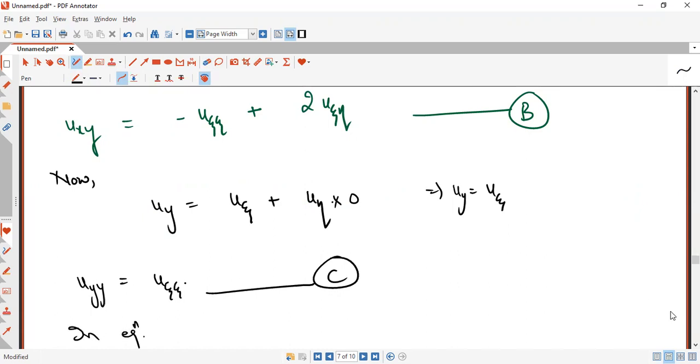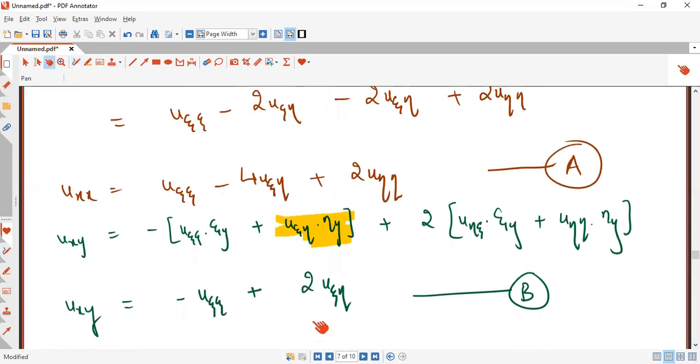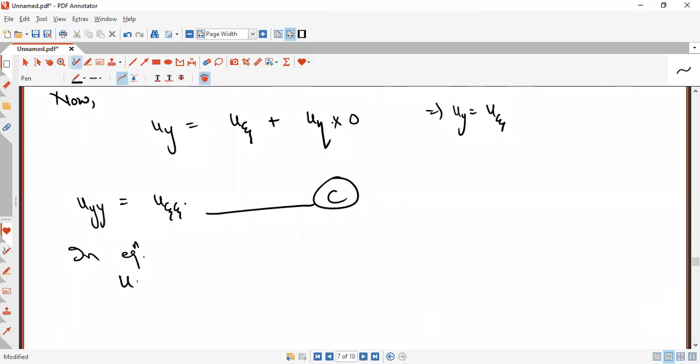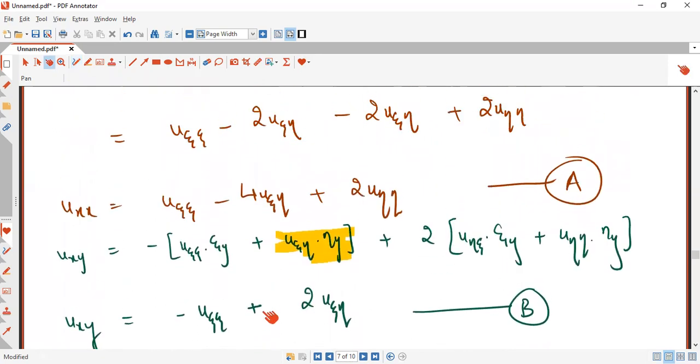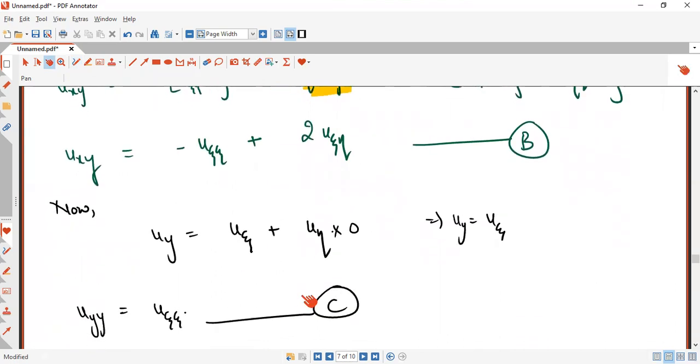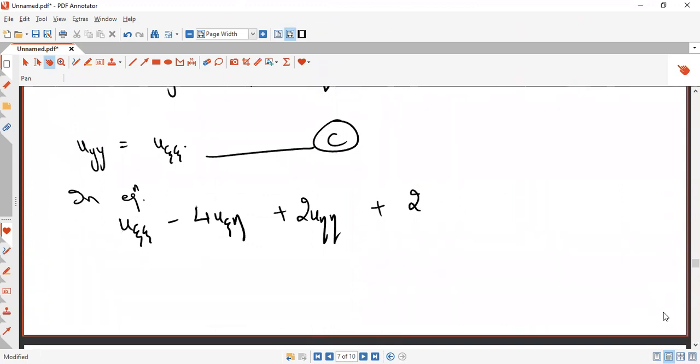Now substitute these values in the equation. It was uxx. Uxx is u xi xi minus 4 u xi eta plus 4 u eta eta. Plus 2 times uxy. What is uxy? Minus u xi xi plus 2 u xi eta.